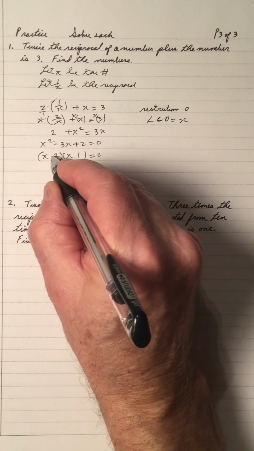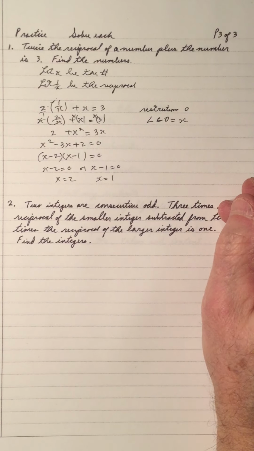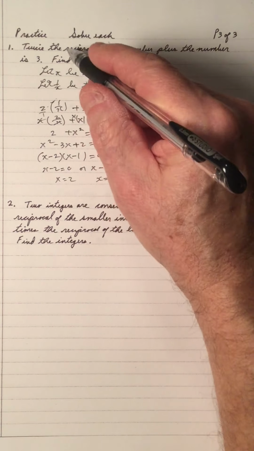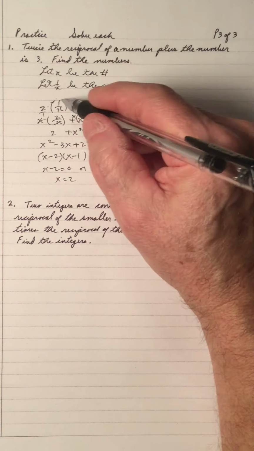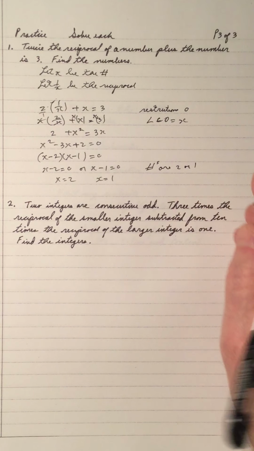So x minus 2 equals 0, or x minus 1 equals 0. X is 2, or x is 1. And again, if you plug each of these back in, you'll find that both of them work. So the numbers are 2 or 1. Both of them will work.